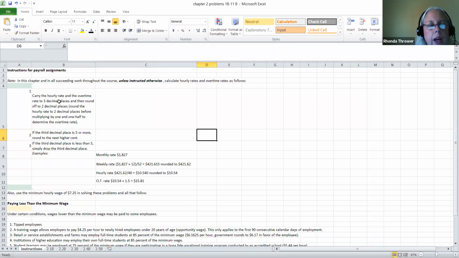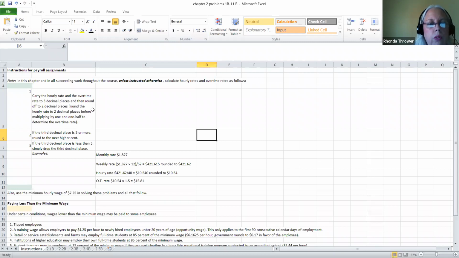You want to carry the hourly rate and the overtime rate to 3 decimal places and then round off to 2 decimal places. You want to round the hourly rate to 2 decimal places before you multiply to get overtime, which is 1.5 times the hourly rate.